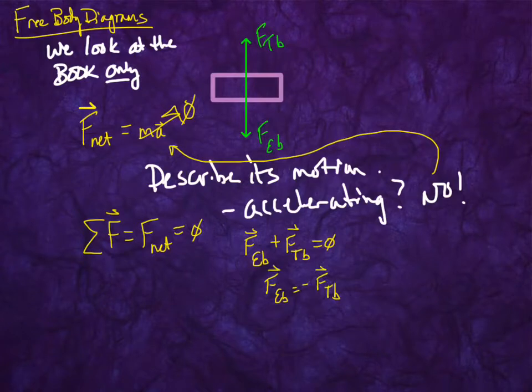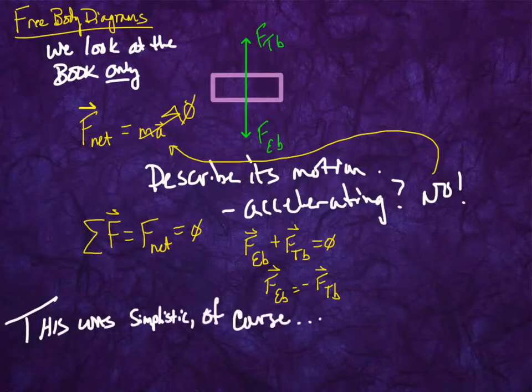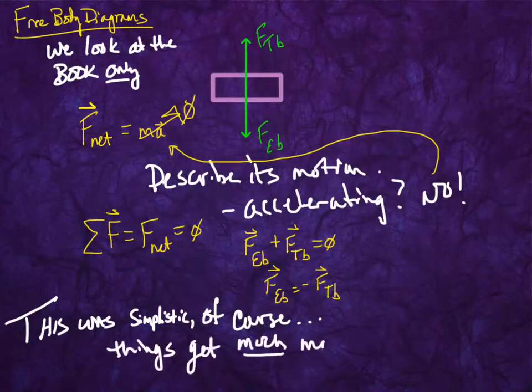Okay, and that's where we start getting some equal and opposite forces going on. Because the force of the earth on the book would be down, and that would be equal to the negative force of the table on the book, which would be going up, which means they're in opposite directions, but they're equal to each other. Okay, now, this is a very simplistic example, of course. Okay, things get much more complicated.